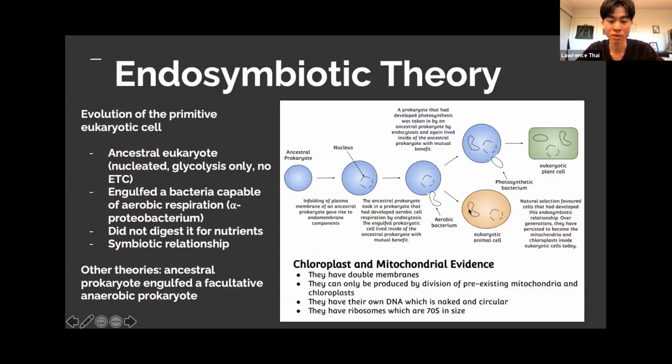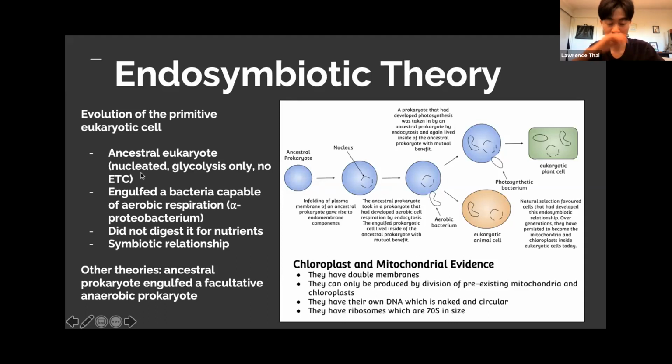And then somehow they didn't kill each other, and they developed what we call a symbiotic relationship. Usually these ancestral prokaryotes or eukaryotes would hunt other bacteria down to get nutrients and literally just digest the bacteria for growth and nutrients.